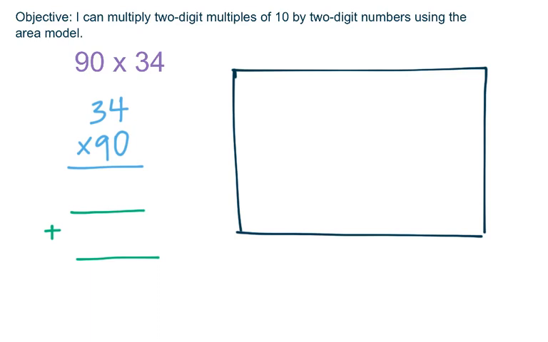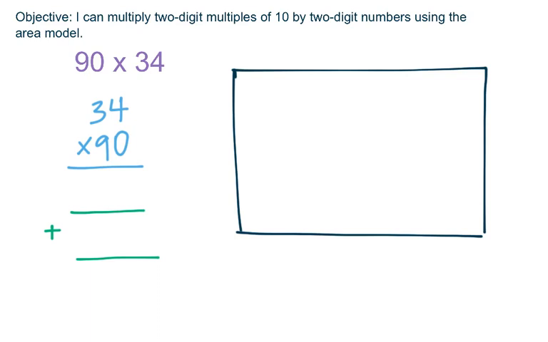So before we even do the area model, we're going to use that as kind of a check for us right now, but I want us to solve our problem over here on the left-hand side, kind of moving now away from that area model. So we're kind of graduating away from the area model.